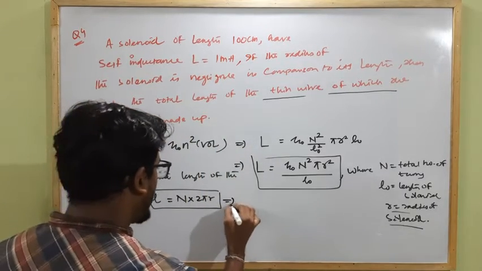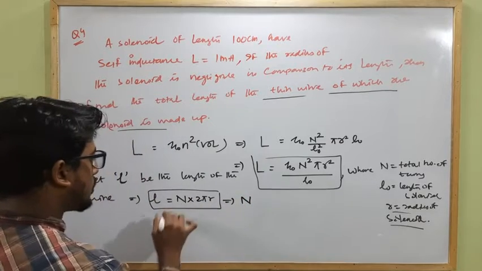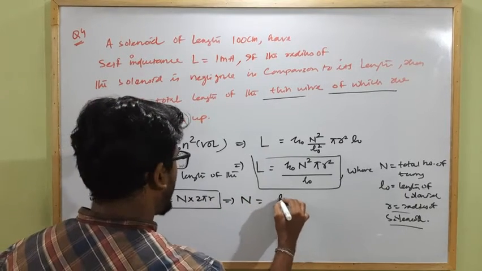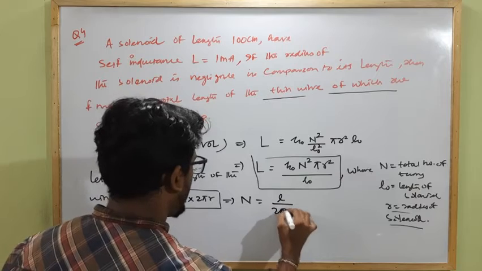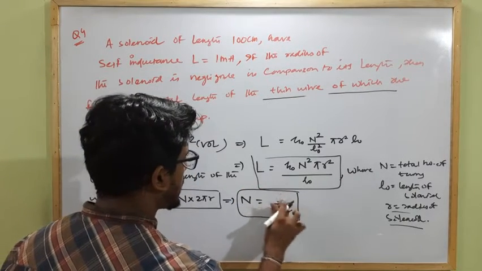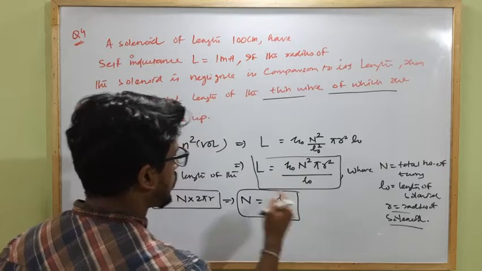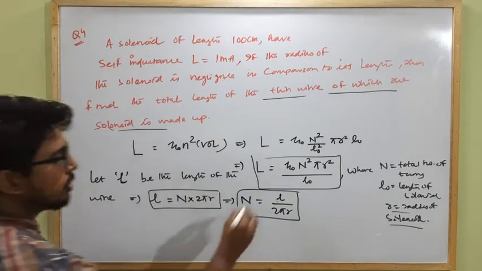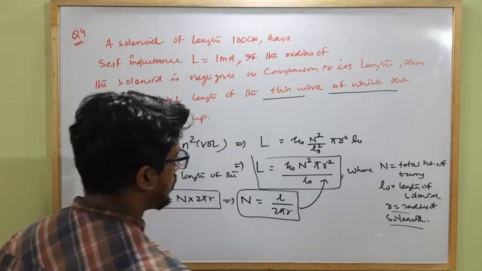So from this we will get the total number of turns of the solenoid, N, will be equal to l divided by 2 pi r. So this is the value of total number of turns, and this l is the total length of the thin wire used. So by using this N here, we will get what?